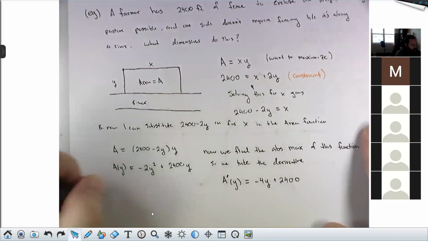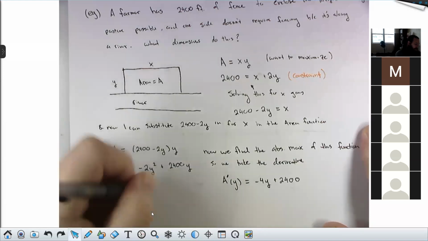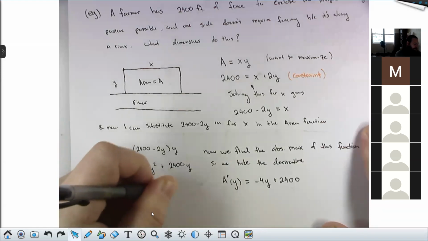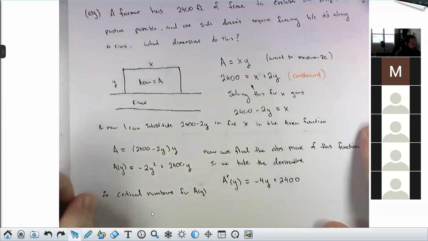And the critical numbers for A of y are places where this is equal to 0.